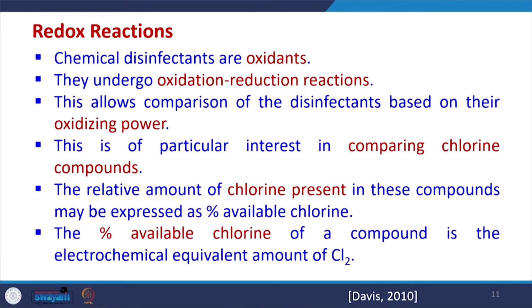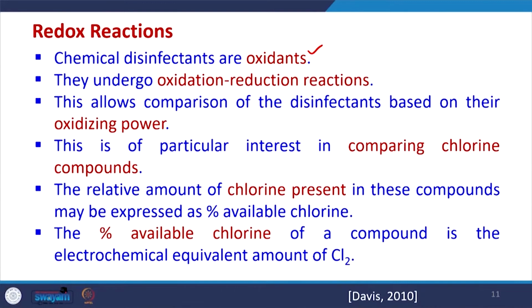Now, going further ahead, there are certain redox reactions which happen when we are using any chlorine species in particular, and these chemical disinfectants which are used, all the chlorinated compounds, chlorine and its related compounds, are used as disinfectants. So, they are essentially being used as oxidants. Now, since they are used as oxidants, they undergo oxidation reduction reactions.